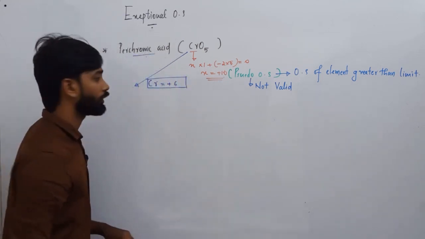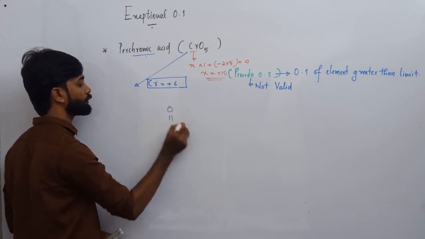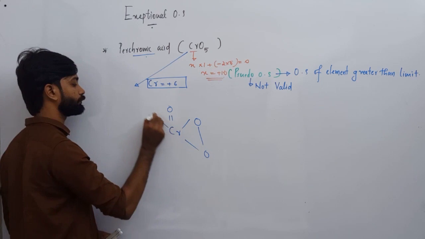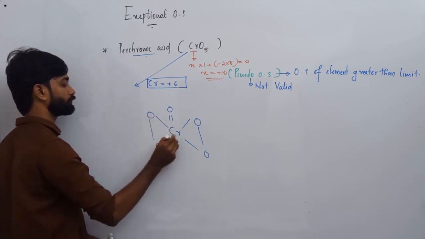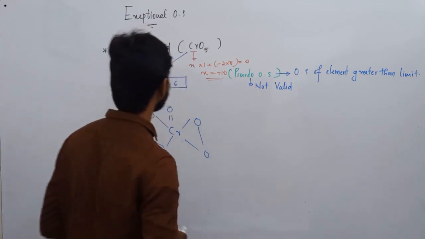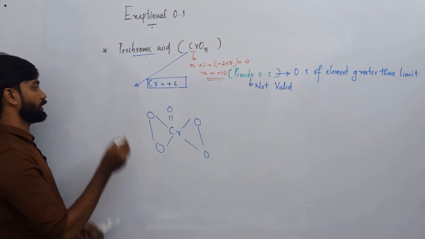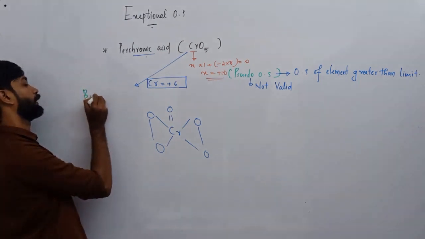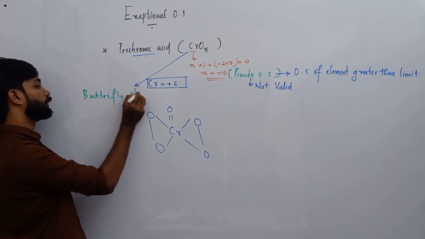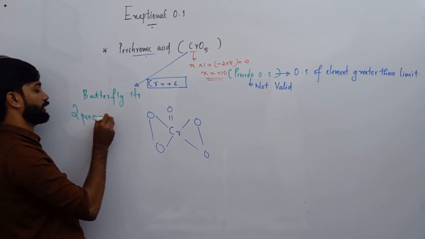And how it becomes +6 is because it has a special structure, a butterfly-like structure with 2 peroxide linkages. This structure is known as the butterfly structure.